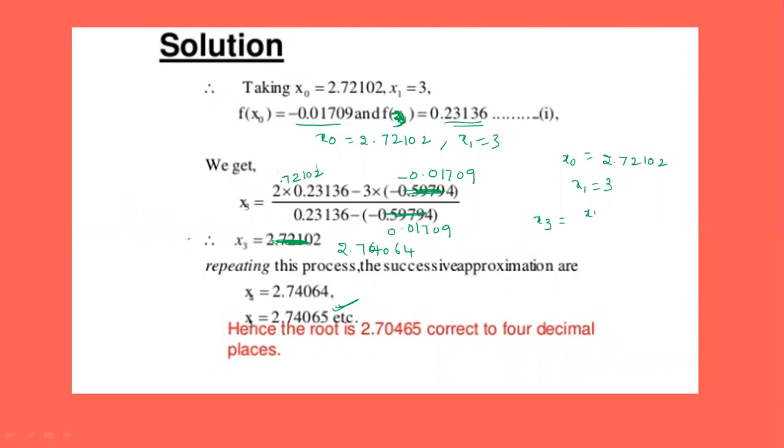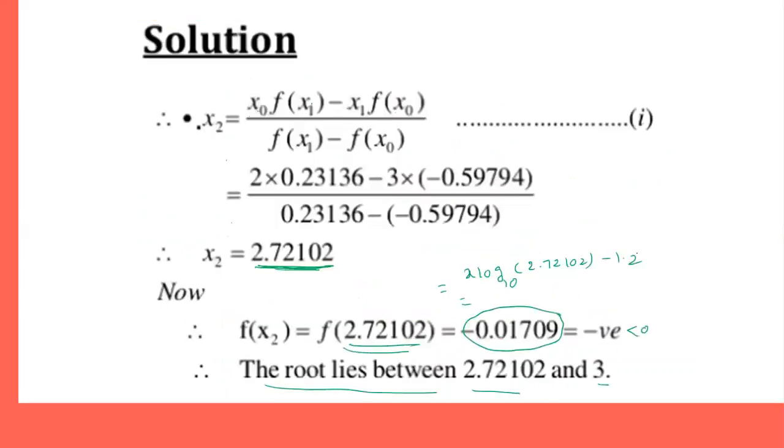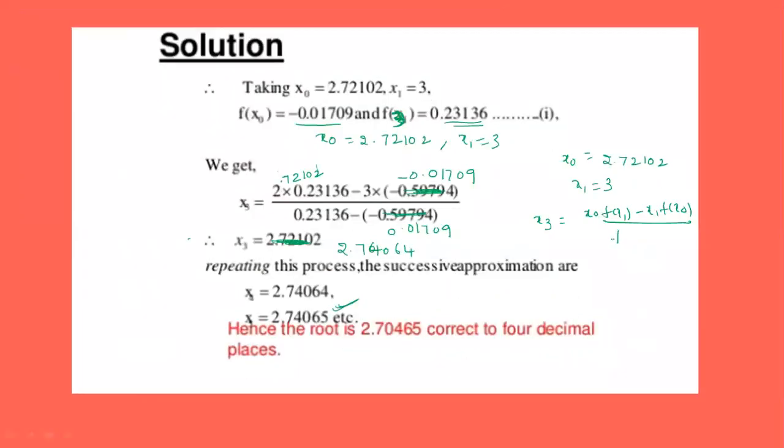X3 is equal to x naught into f of x1. Your x naught is replaced with this minus x1 into f of x naught by f of x1 minus f of x naught. Your x naught is 2.72102.